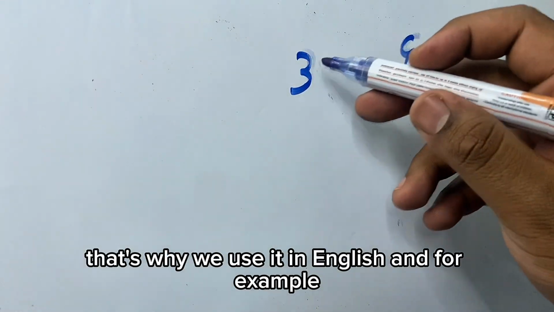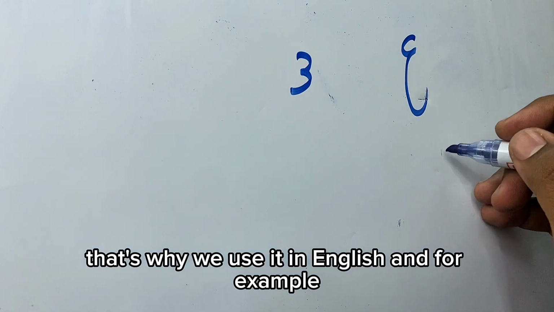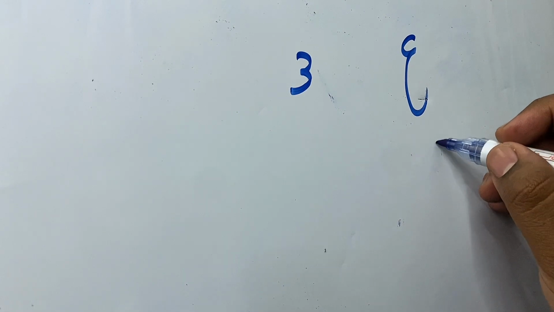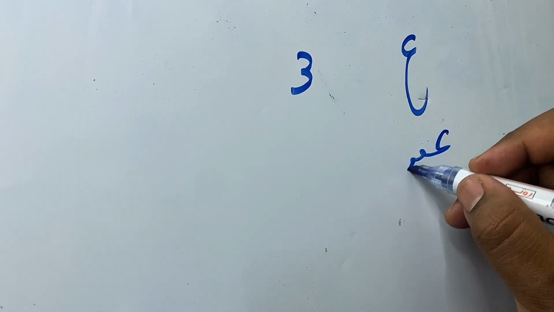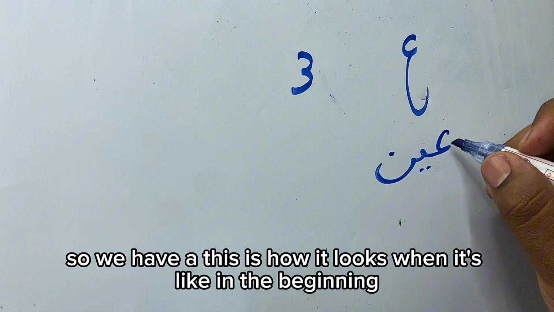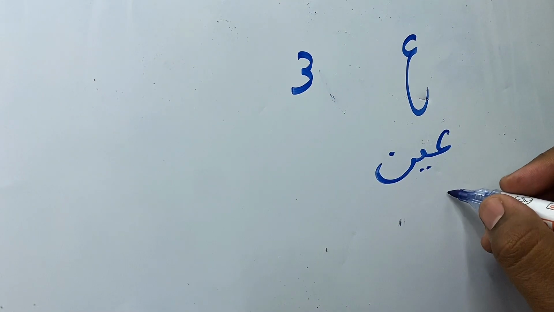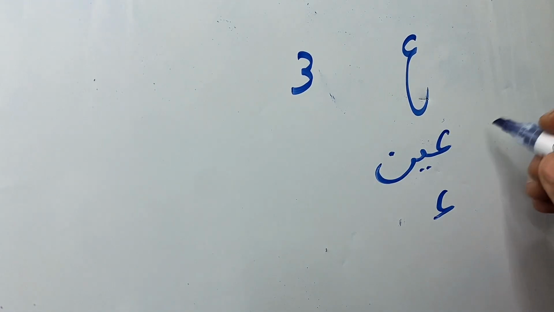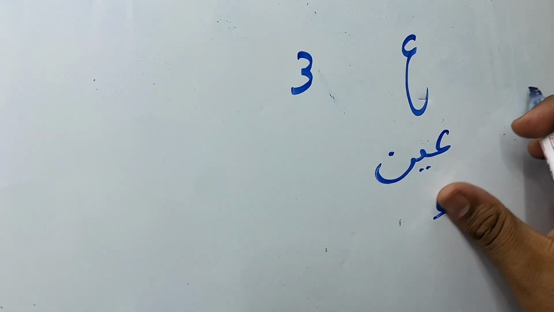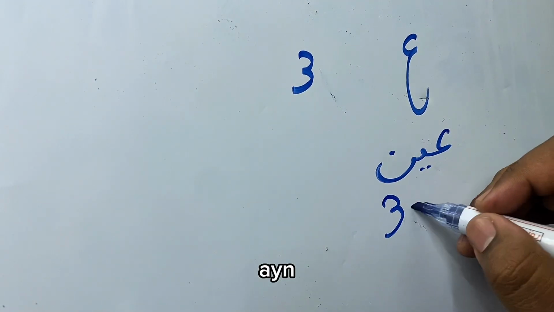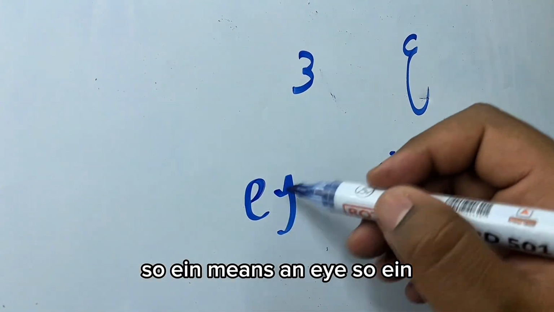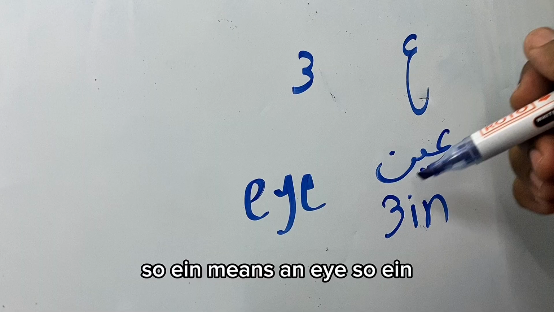That's why we use it in English. And for example, we have this word. So we have a. This is how it looks when it's in the beginning, just like this. A, ya, n, ʿayn. So ʿayn means an eye.